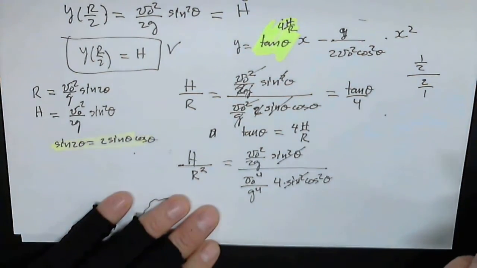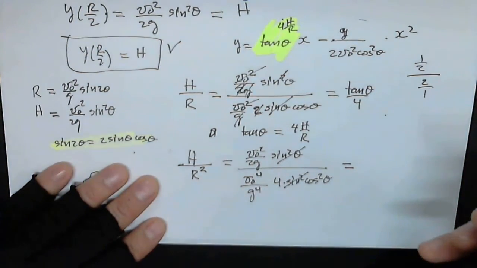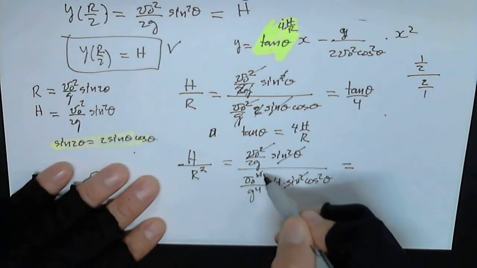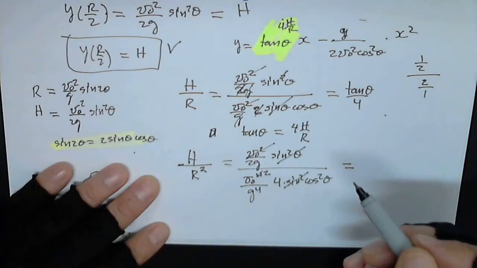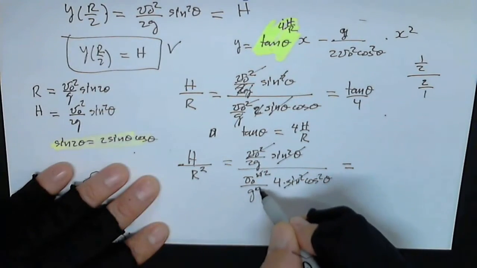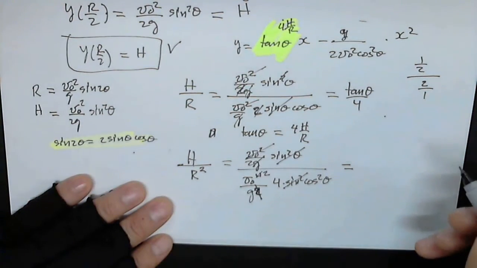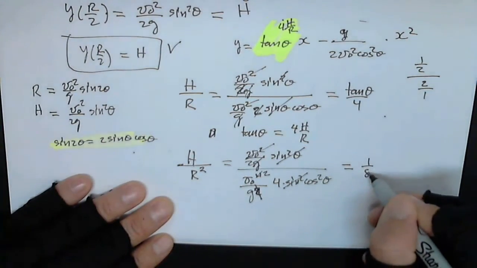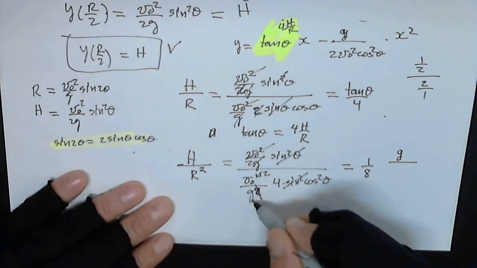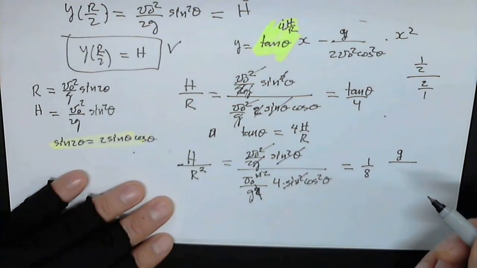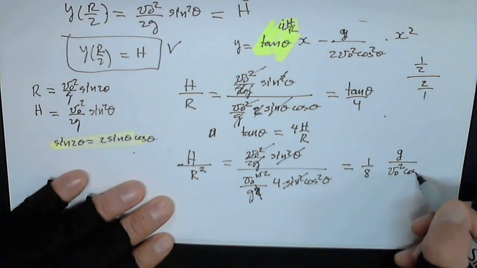You see the sine cancel, and I get this cancel too. And this is not g to the 4th, this is g squared. This cancels this. So it's 1/8 g. This g goes top. v naught squared cosine squared over g.